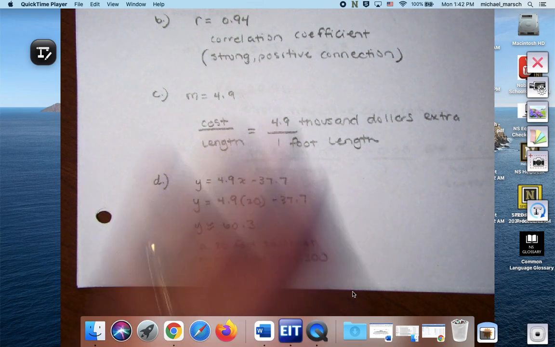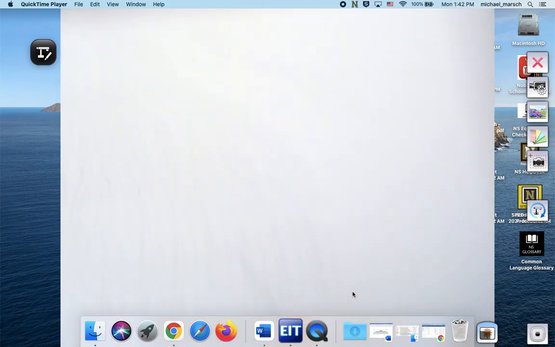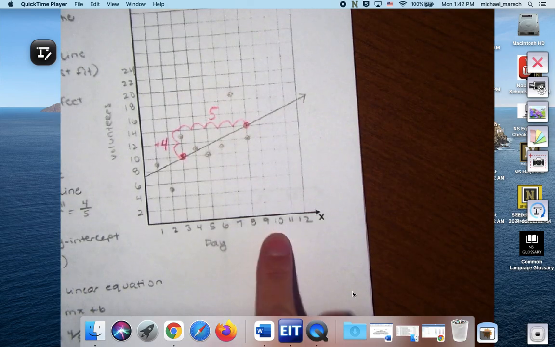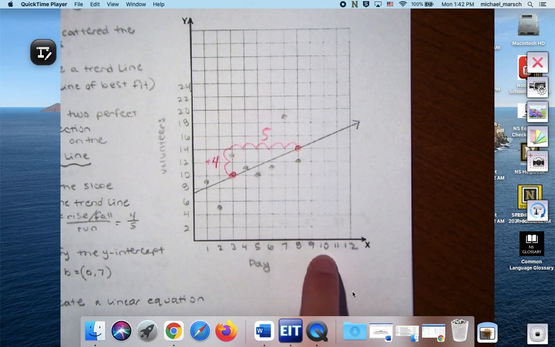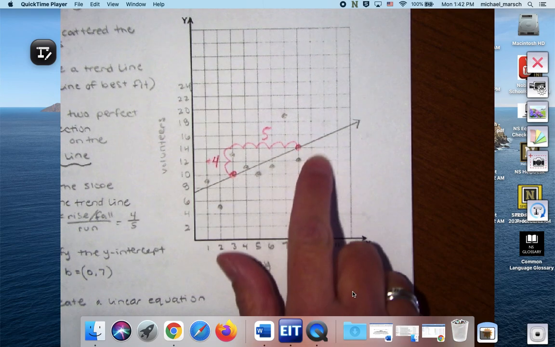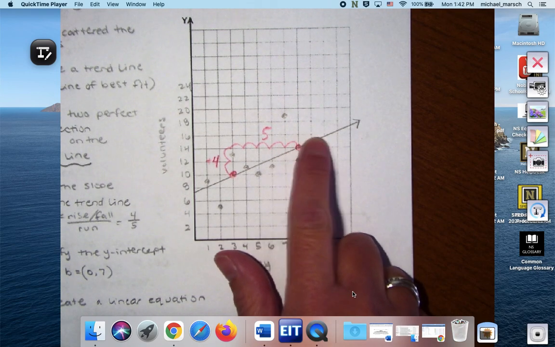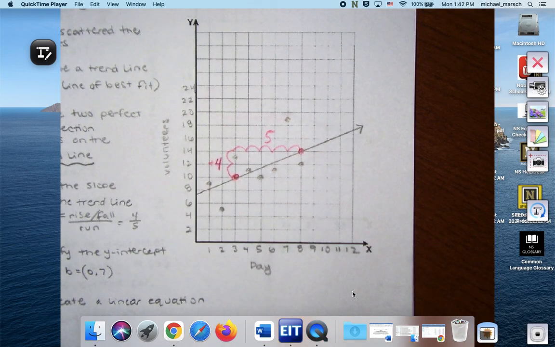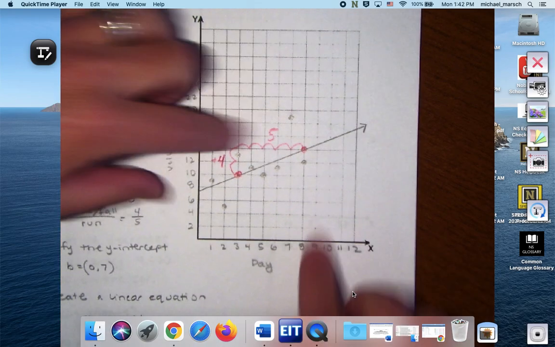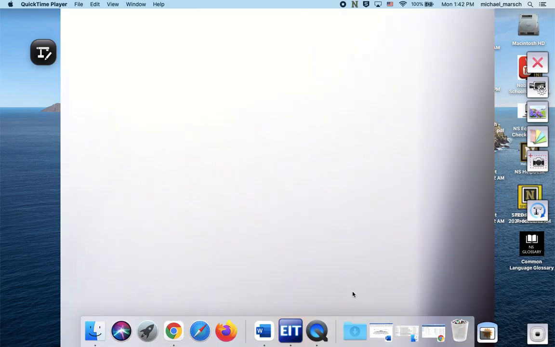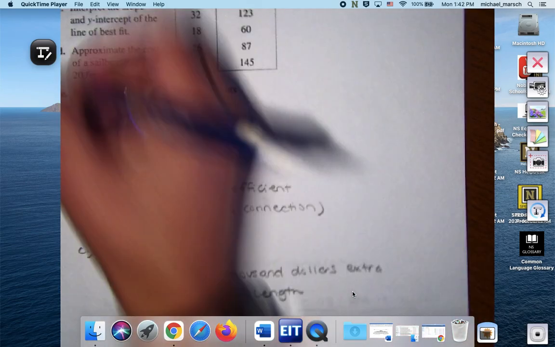So if you can't visualize what Hayden just said, let's say I wanted to predict how many people might help here on the 10th day. I would go to 10 and I would go up to where this line intersects, and it'd be maybe about 16 people-ish, right? So you would just see where they intersect on the trend line, right? Okay, so we've done part D. Check that off.